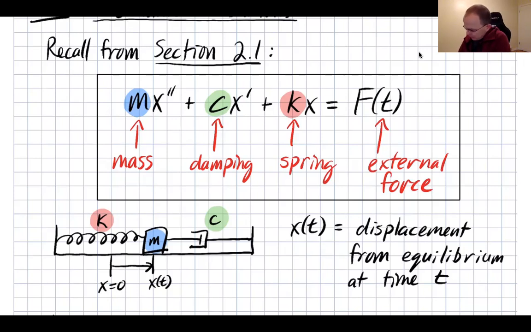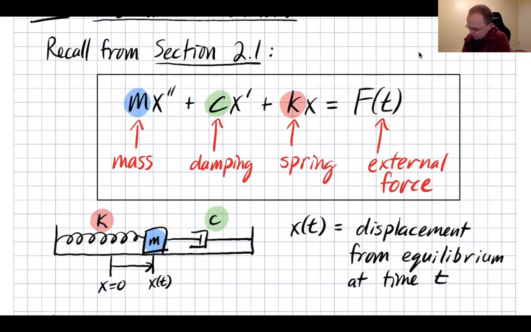So we've already seen this equation from section 2.1, so I won't go over it in too much detail again, but it does come from Newton's law. So you just basically add up all the forces on this mass. There's a force from the spring, there's a force from this shock absorber, and there's also an external force, right?